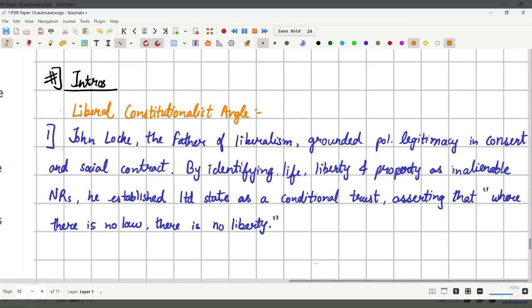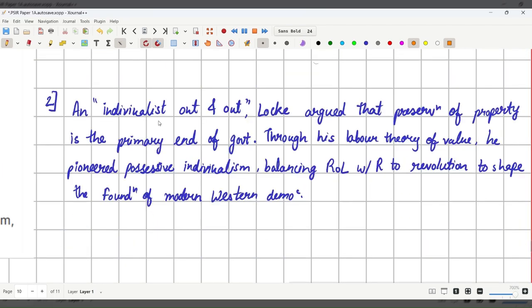Then the second introduction: an individualist out and out, Locke argued that preservation of property is the primary end of a government. Through his labor theory of value, he pioneered possessive individualism, balancing rule of law with the right to revolution to shape the foundation of modern Western democracies.